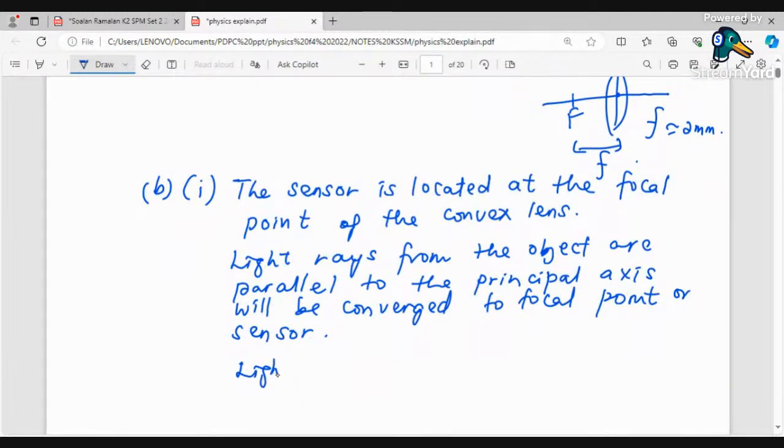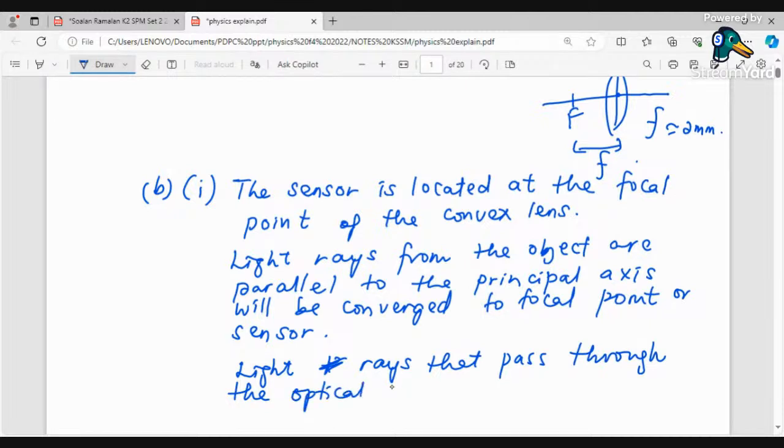Light rays that pass through the optical center will go in a straight line.